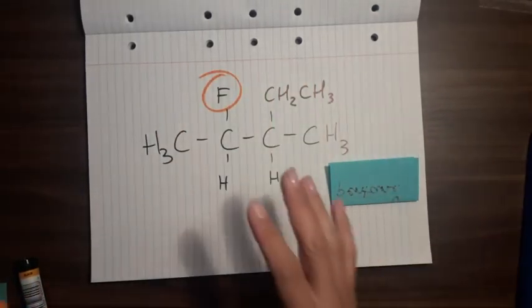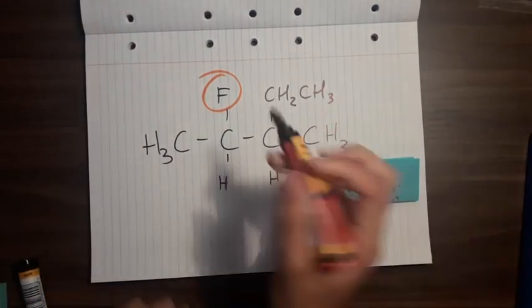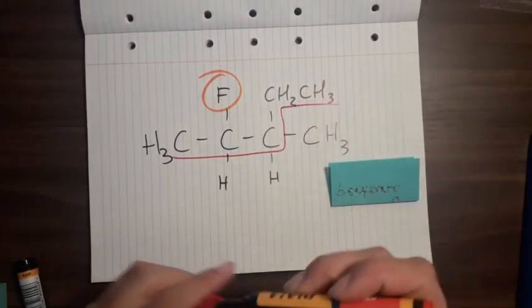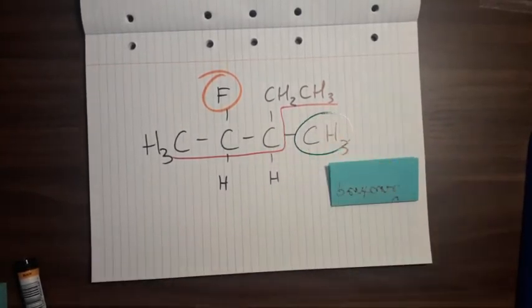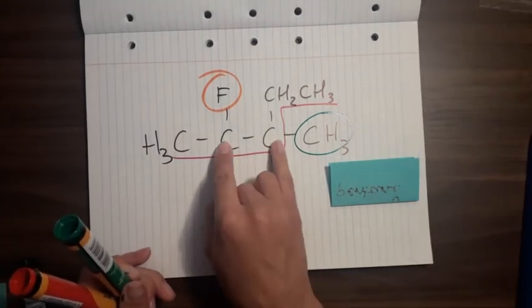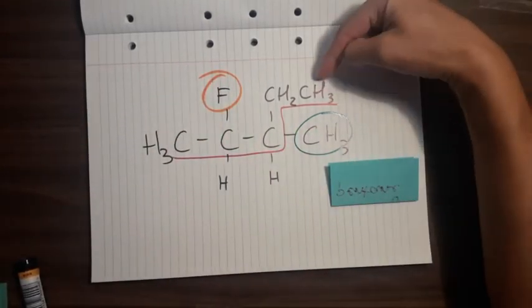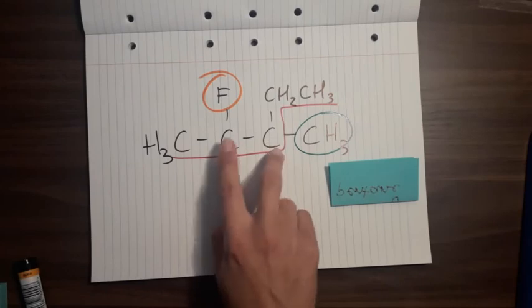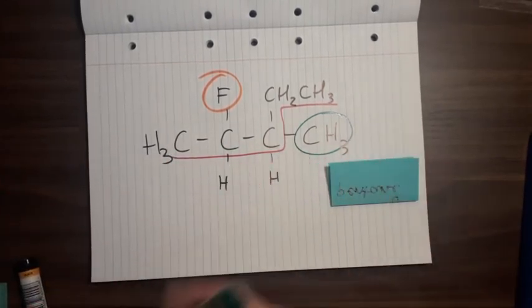We want to give that fluorine atom, and then I guess if this is the parent chain, we also want to give this methyl group the lowest numbers. So if I numbered this 1, 2, 3, I'd have a 2 and a 3. If I started this way, 1, 2, 3 and a 4. So I'd rather go with a 2 and a 3 than a 3 and a 4.